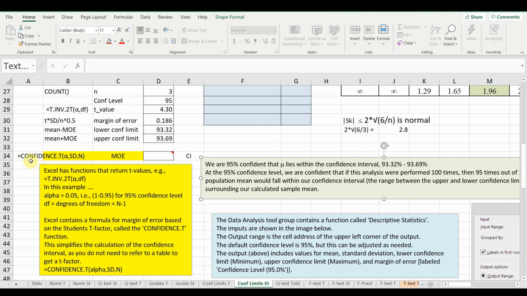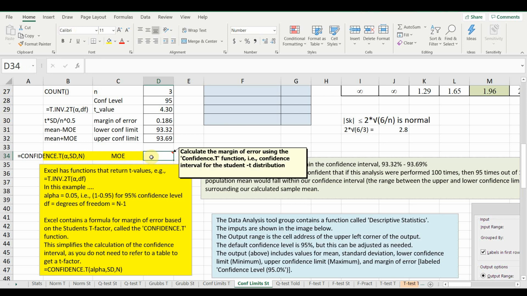Now Excel has a function that calculates this margin of error directly, and here's the syntax, equals confidence.t, and the arguments are alpha, the probability, 0.05 in our case, the standard deviation, and the number of samples. Let's give it a try.